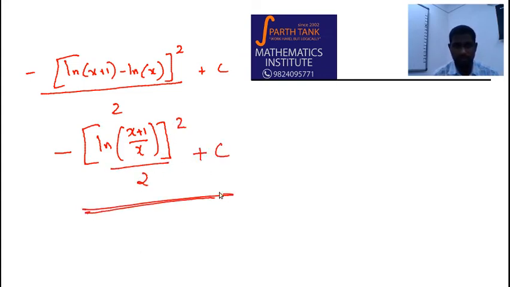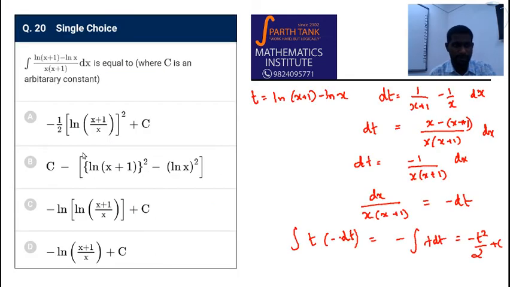So this is the final answer, and this is option A, minus 1 by 2 ln of x plus 1 by x the whole square plus c. Very simple, take the numerator as t and the rest is dt.